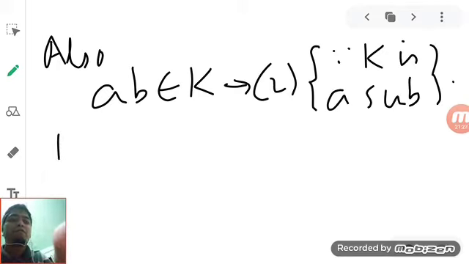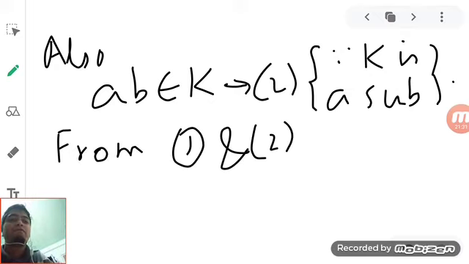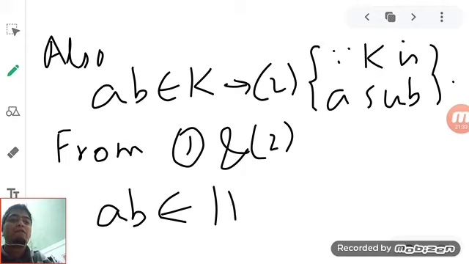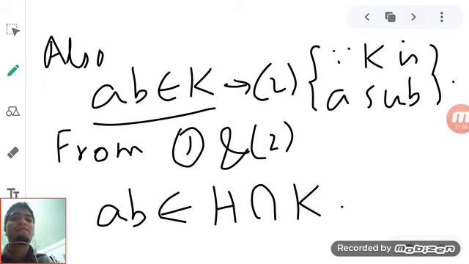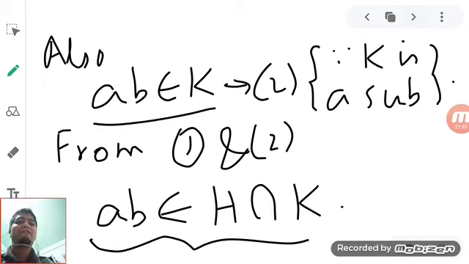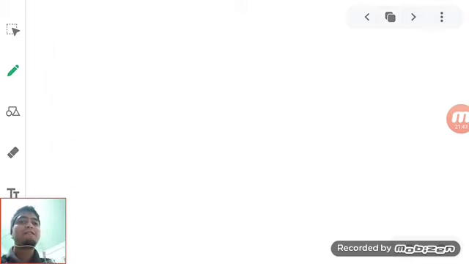So from 1 and 2, AB belongs to H and AB belongs to K, so we will have AB belongs to H intersection K. So condition B is done.